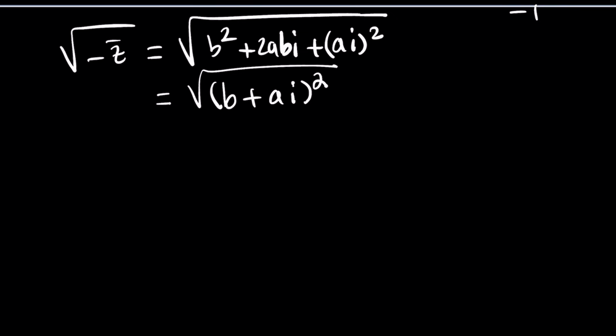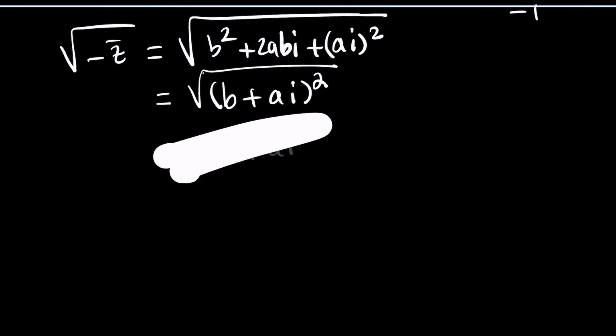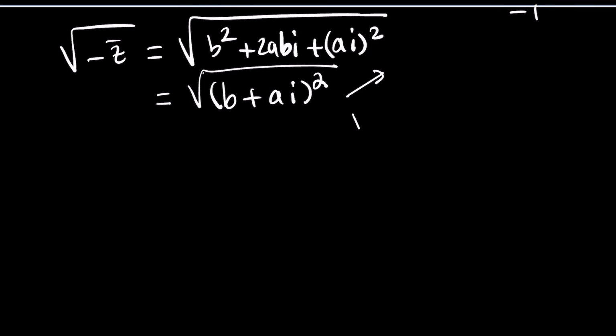But wait a minute, we have the square and the square root. What is that supposed to mean? It means that we can basically just cancel them out, and this should equal b plus ai, right? But wait a minute. Depending on the values of a and b, depending on the branch you use, there are actually two possible answers, because this could be used to mean two different things.